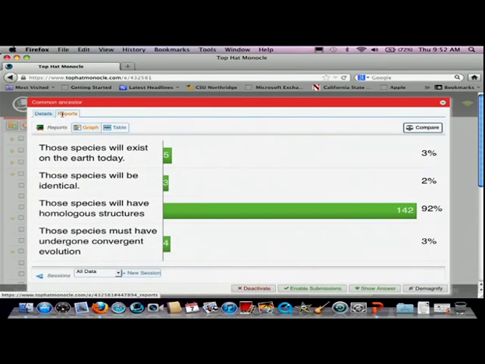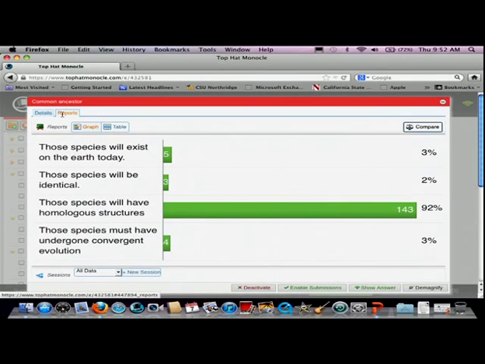All right, let's look at my report. Yay! Right, they don't have to still exist. The examples I gave did, so that was kind of unfair, sorry. That's why I said, remember the horse, some of those are dead. And the species are not identical. That's the whole definition of two different species, is they're not identical.